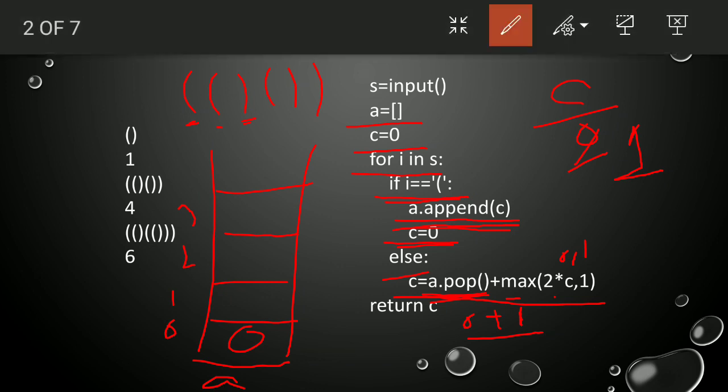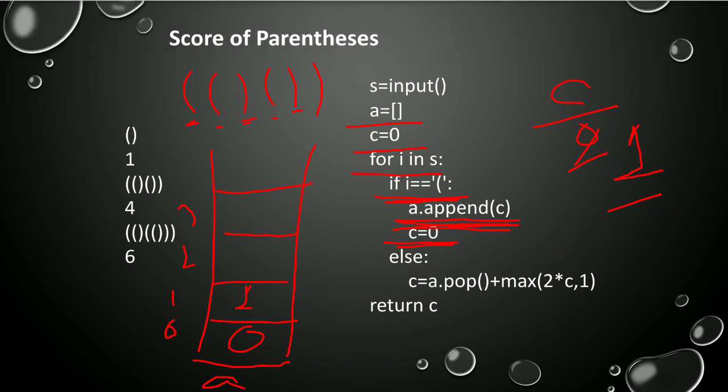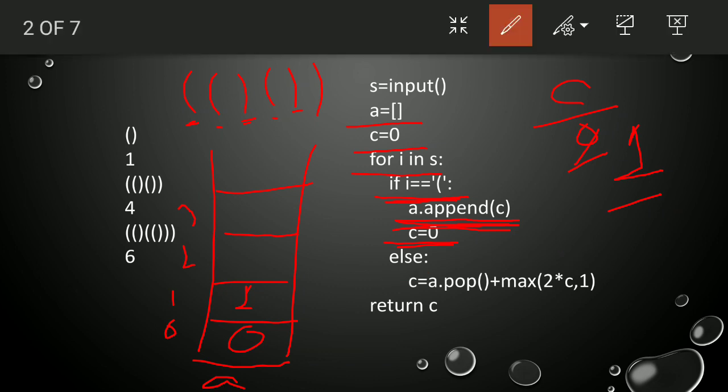Now again the i value contains an open bracket. When it is an open bracket, again the value of C is appended. So C equals 1. Now 1 is appended here. Now it's a close bracket. When it's a close bracket, again it will come to the else part. So when it comes to the else part, a dot pop.